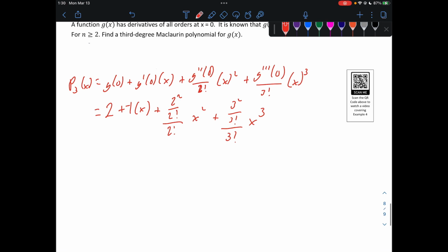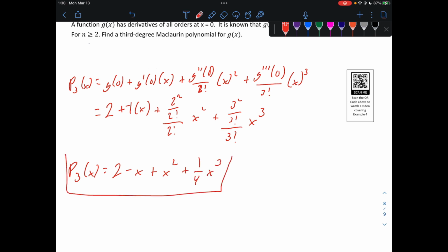All right, so we can definitely do some simplification with that. 2 minus x plus 4 over 2 over 2, which ends up being 1, x squared, plus 9 over 6 over 6, so 9 over 36, or 1/4, x cubed. There's our third degree Maclaurin polynomial for g of x.